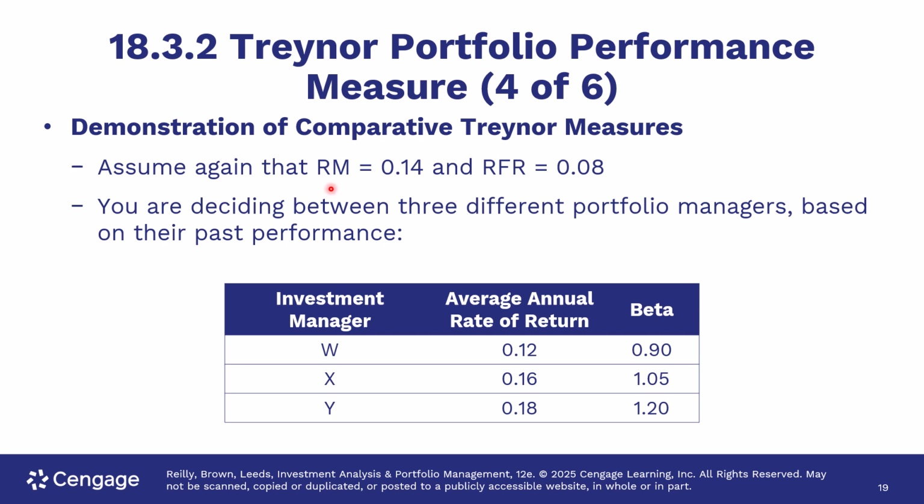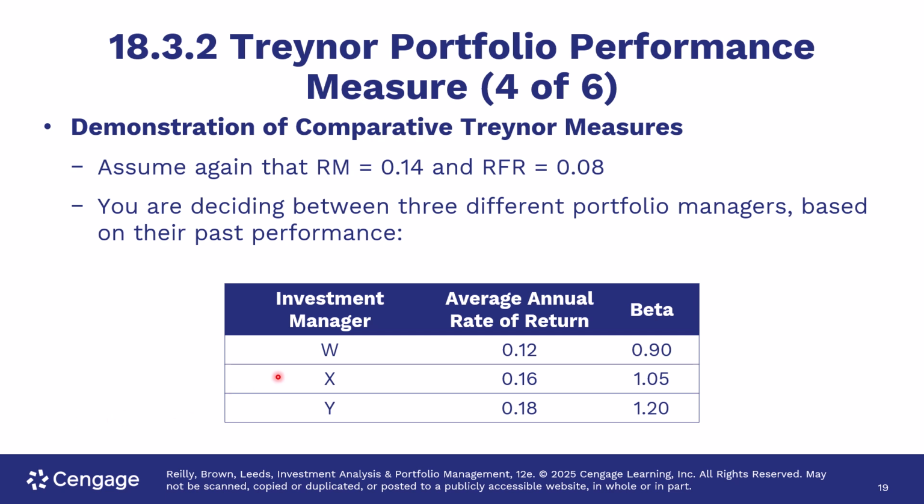Okay, I would rewrite this as R bar sub M was 14%. We were given that even before the Sharpe discussion. RFR bar was 0.08. We were told that also before the Sharpe discussion. We're deciding between 3 different portfolio managers. We want to figure out who performed the best and then maybe who was the loser.